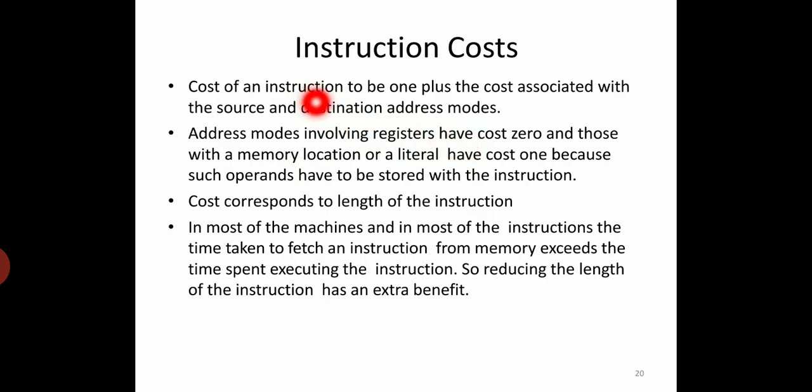That means while we compute the cost of the instruction, there is a basic cost 1. In addition to that, we have to spend some cost over the source and destination address modes. The second point says that if the address mode is register, the additional cost is 0. If it is a memory location or literal, the additional cost you have to spend is 1.